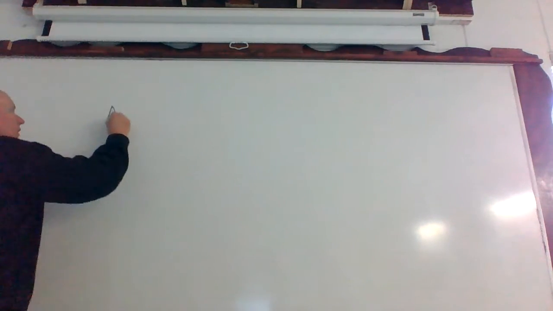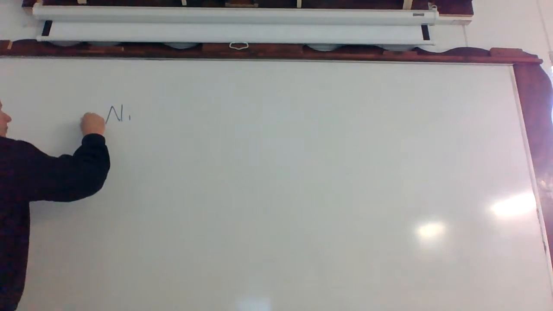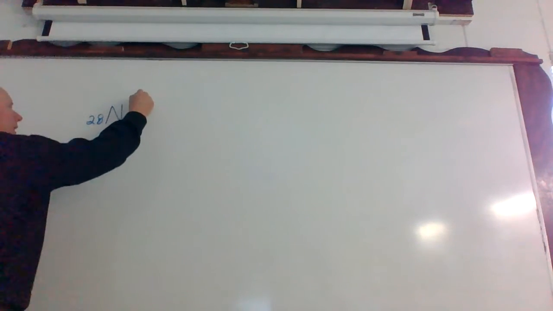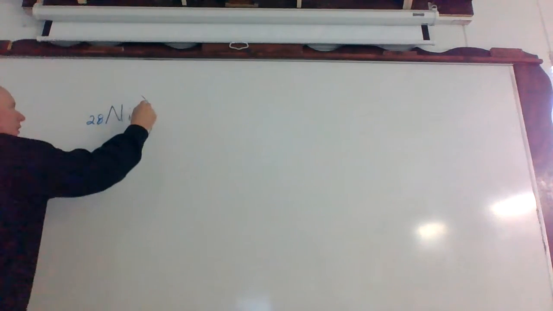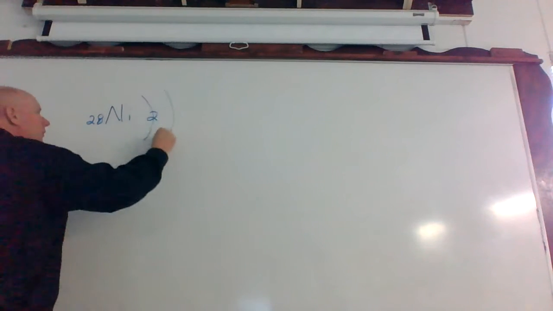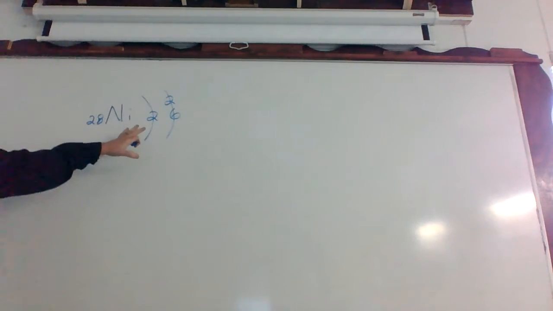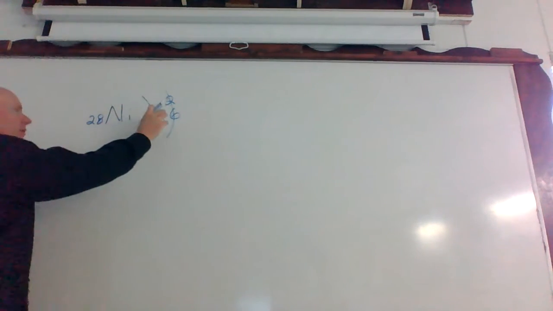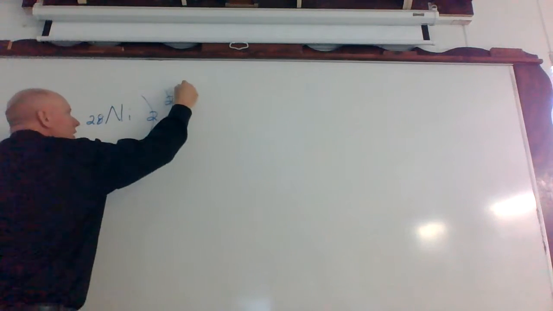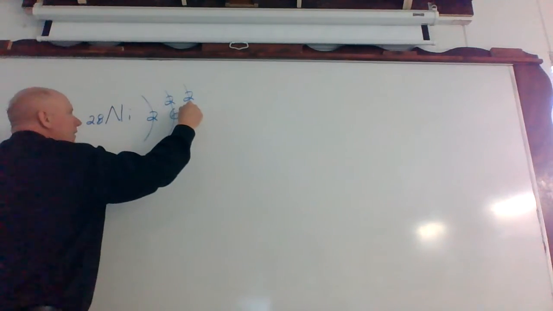Okay, so then when we look at element 28, let's just go ahead and look at our board model. Okay, so 1s2, 2s2, 2p6, 3s2, 3p6. You don't need to be writing this down because you already know this information.